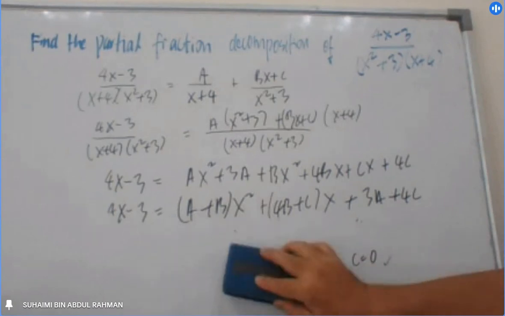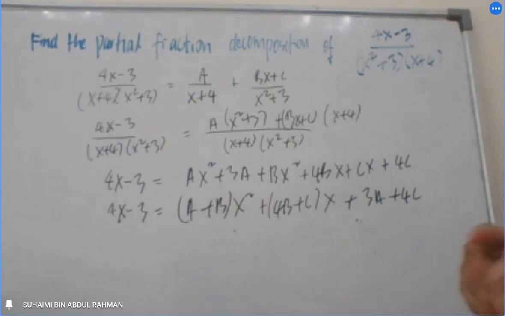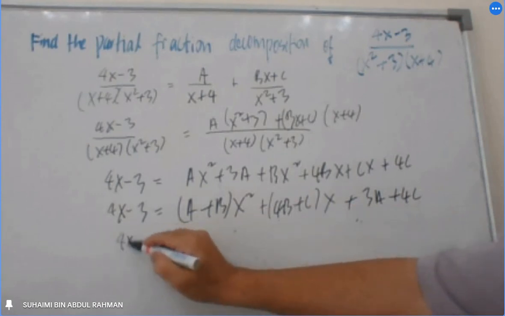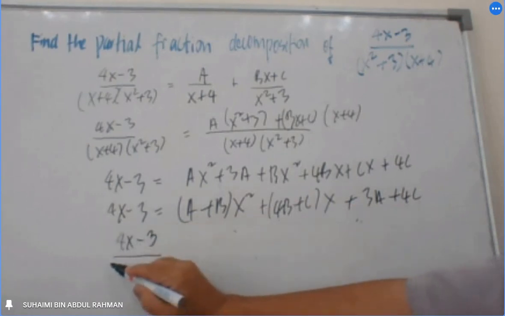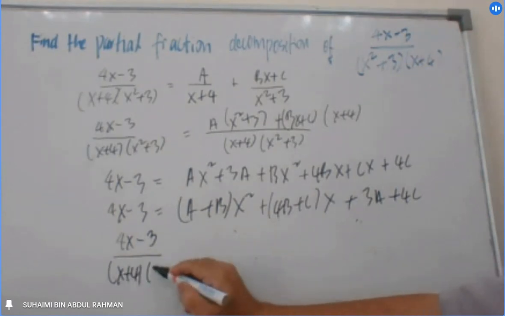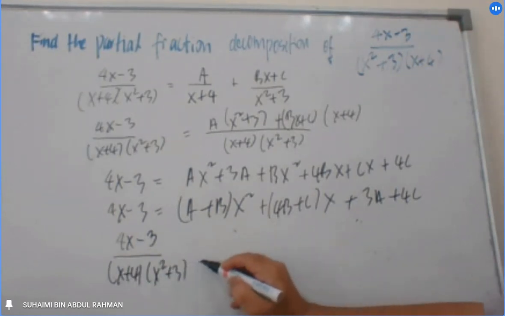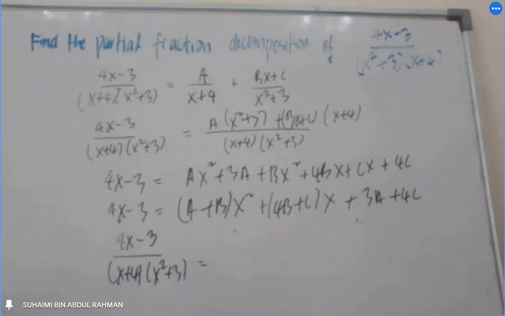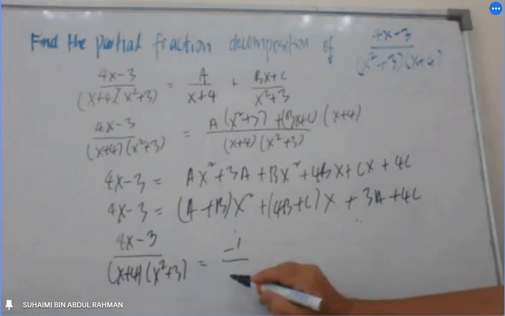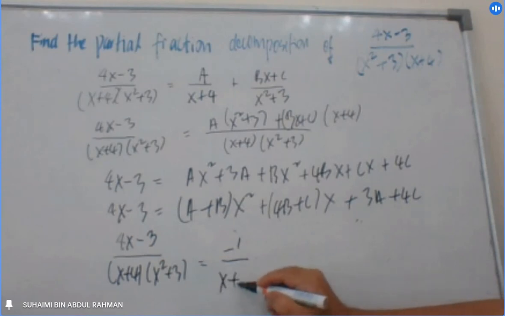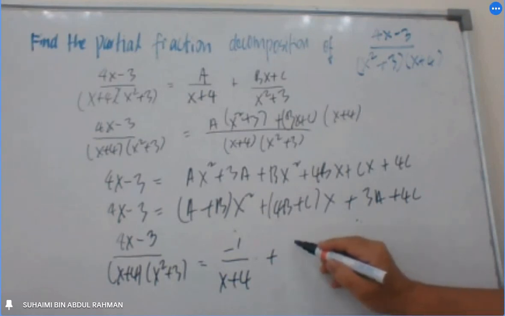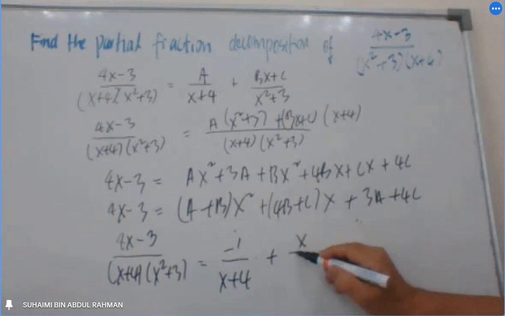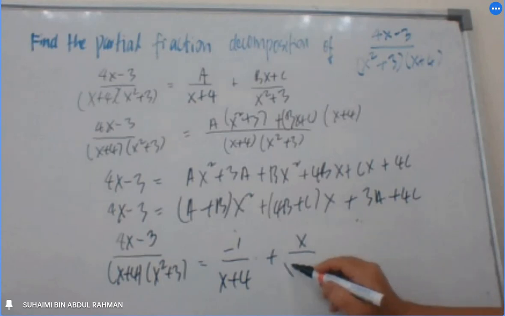So (x - 3) over (x + 4)(x² + 3) equals A, which is -1, over (x + 4), plus B is 1 times x over x² + 3, because C is 0.